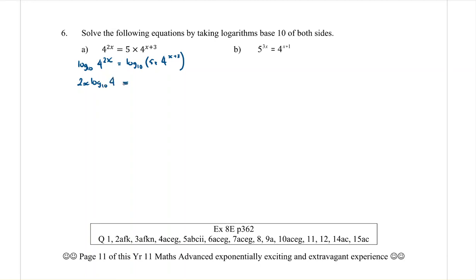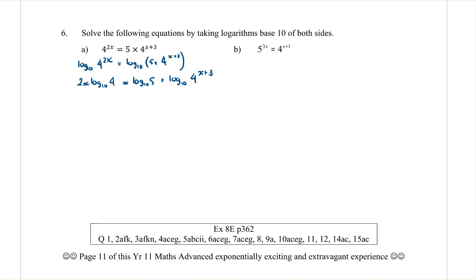On the right-hand side, I do have a power, but we're not going to fall for the trap yet like we did yesterday. I have this 5 first. I have to do that multiplication because this one doesn't have the power. So I use the multiplication law to split that into 2 logs added. It would be log base 10 of 5 plus log base 10 of 4 to the power of x plus 3.